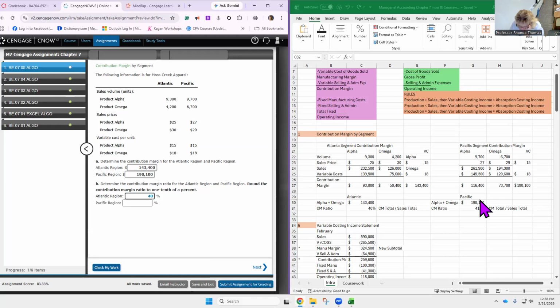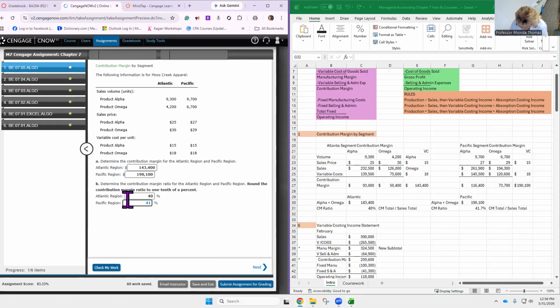So it looks like Pacific is 190,100. That's adding up both of those. And if we take the contribution margin divided by both sales added together, you get 41.7%.